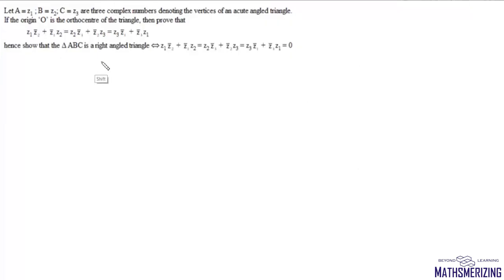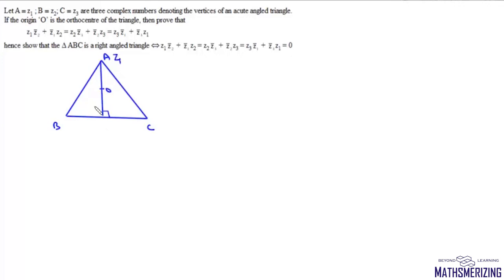Now here the question is, let A, B, C be three complex numbers denoting vertices of an acute angle triangle. So this is A, B and C, and it also says the origin O is the orthocenter of this triangle. So we have this triangle and this O is the orthocenter.